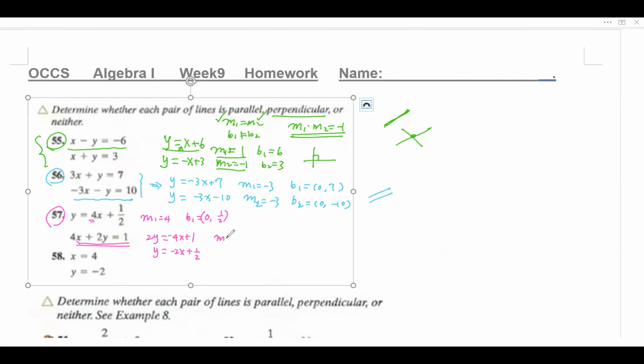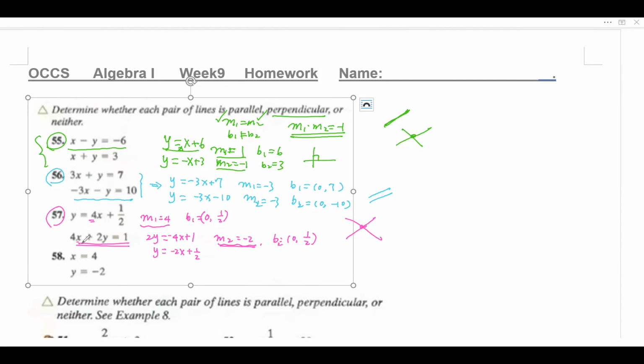So the slope is -2 and the y-intercept is 0.5, right? So one is 4, one is -2. They are not equal, so not parallel. The product of these two is not -1, so they are not perpendicular. They are just crossing.